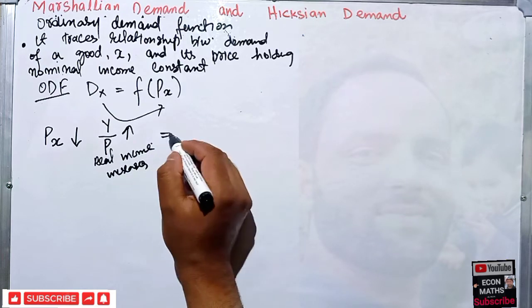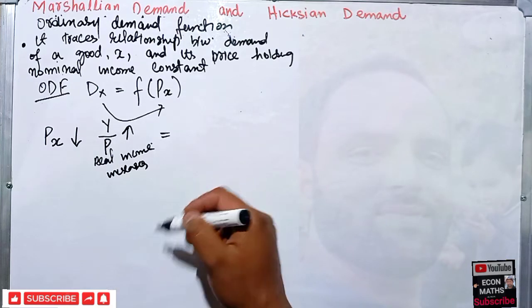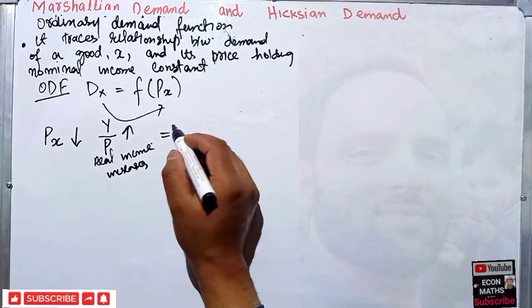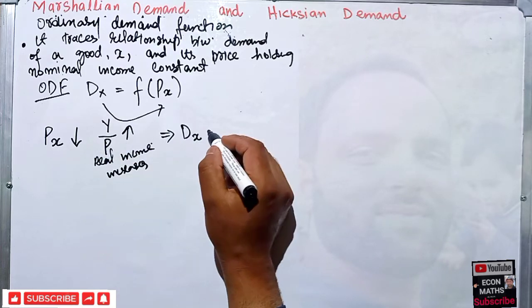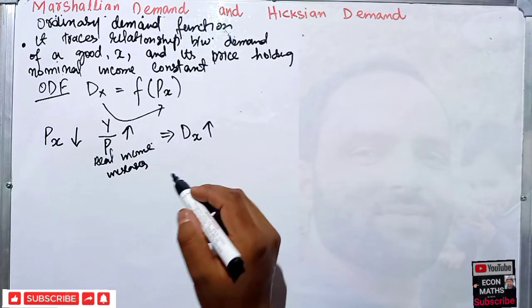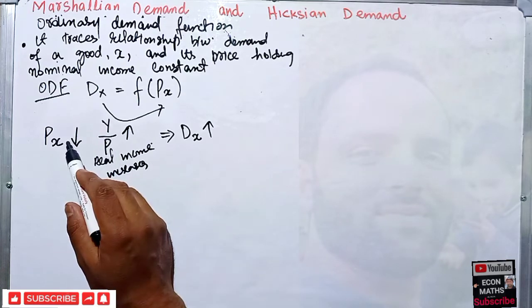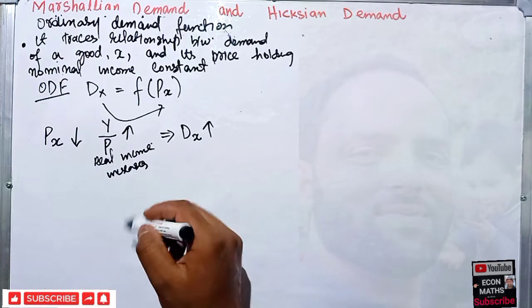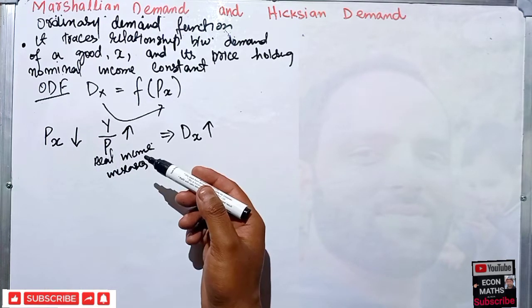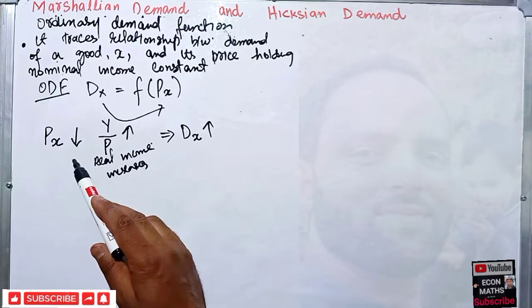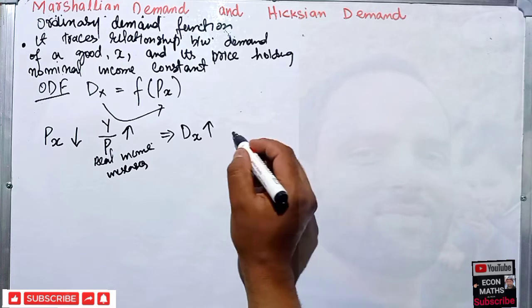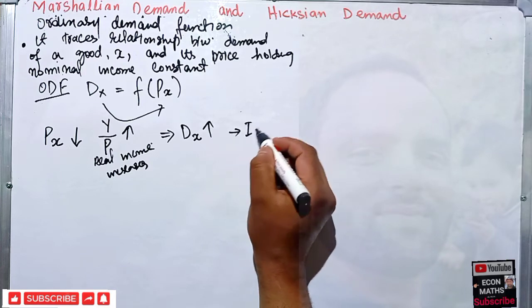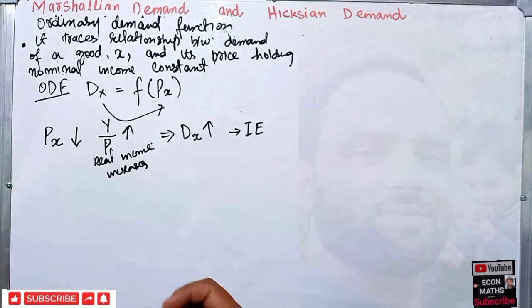With real income increasing, demand of this good will increase. Obviously, with a decrease in the price, demand for the good will increase, and this is called the income effect.